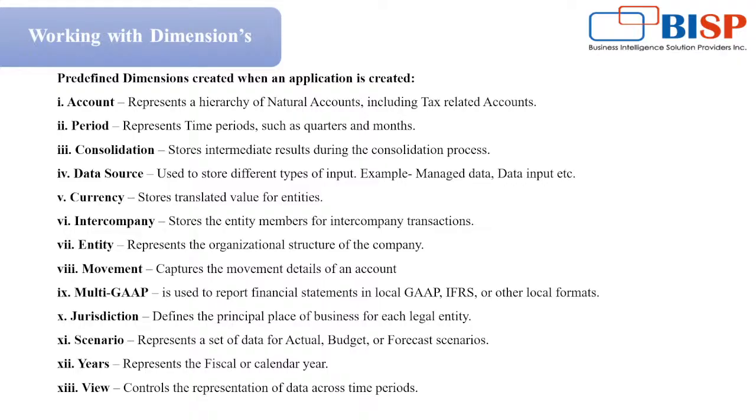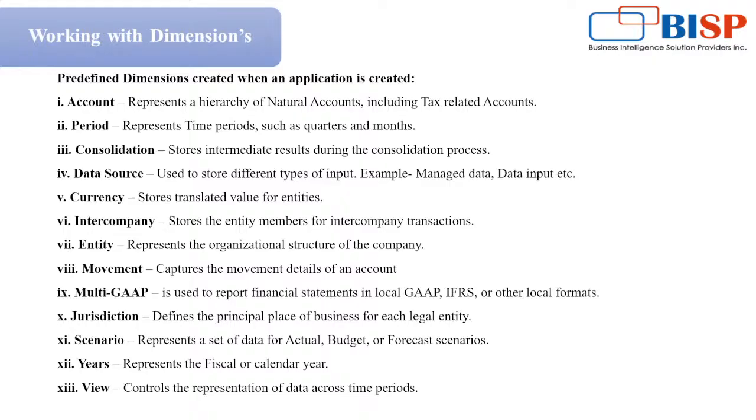Where means what is the jurisdiction and which company it is operating in. Then how is the consolidation, and the data source with movement, that is how the data is coming. Under that, in one sheet, the movement means how it is coming into it, and then under which assumption, that is the scenario and multi-GAAP.